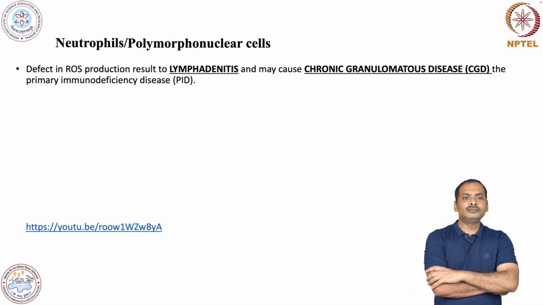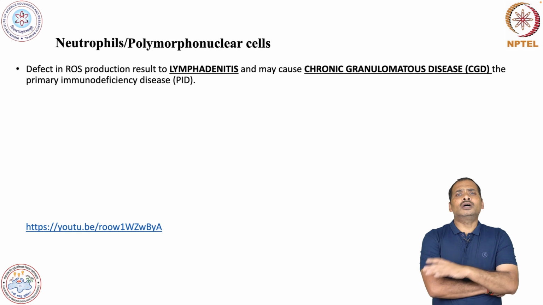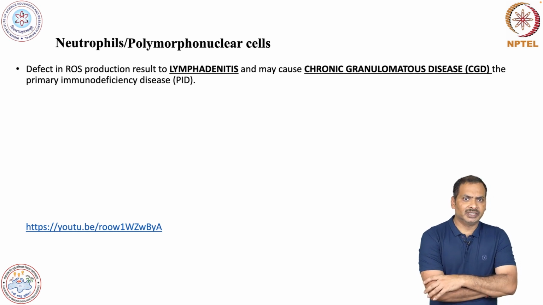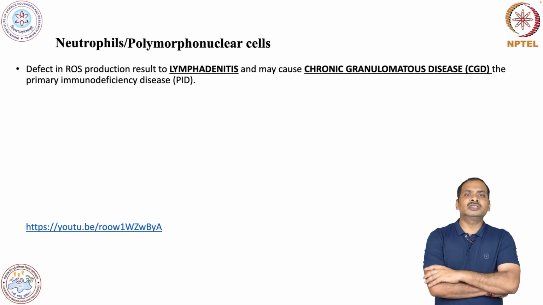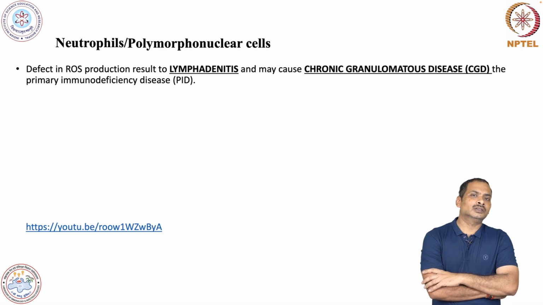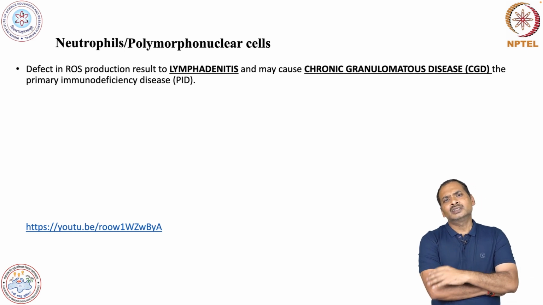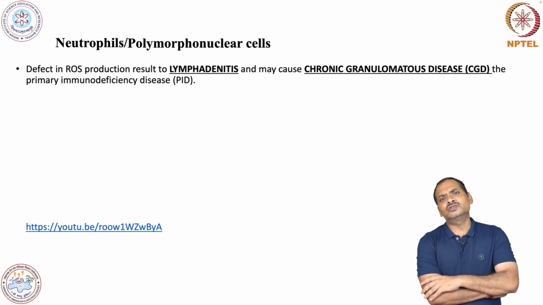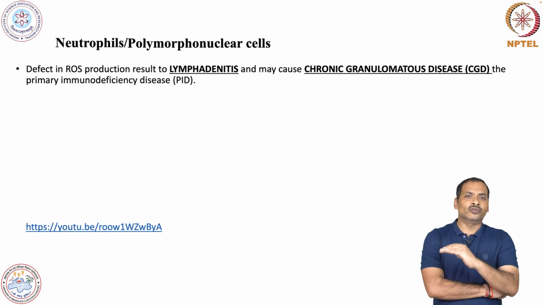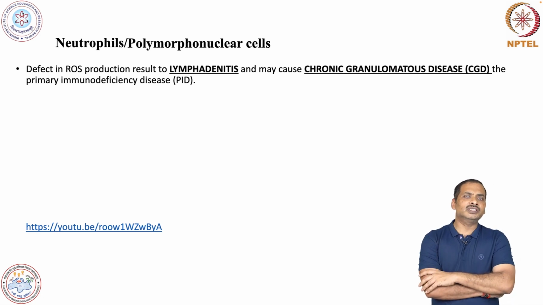Okay. So, if there is some problem in NADPH oxidase, then that will result in a very severe disease, which we call lymphadenitis. It means there is an inflammation of the lymph node. And why is this inflammation of the lymph node there?